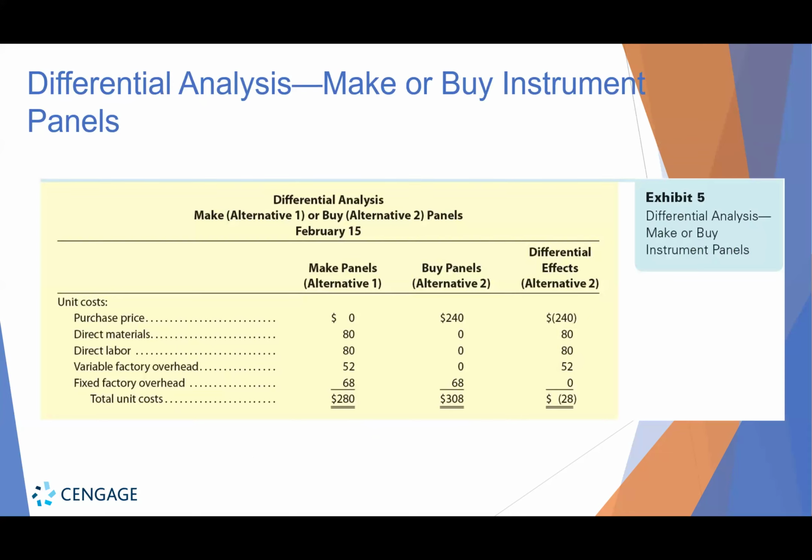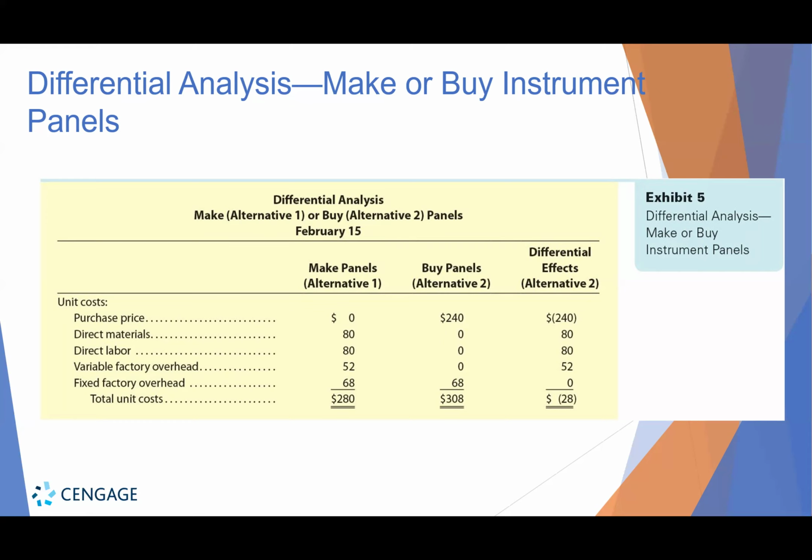So if we make the panels, the cost is $280. If we buy the panels, the cost is $308 because of the fixed factory overhead that is fixed and isn't going to change.